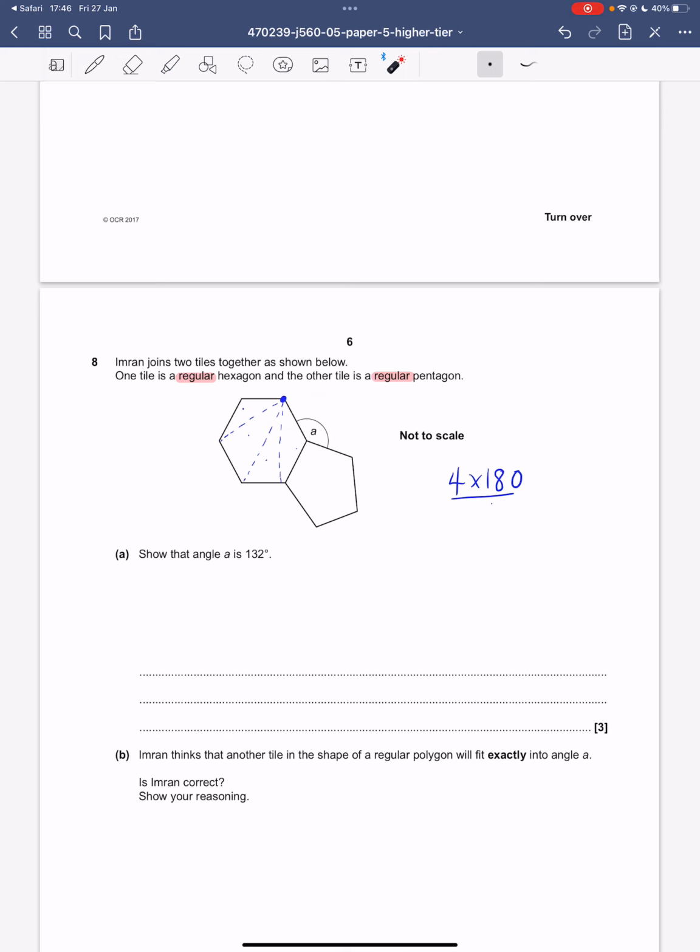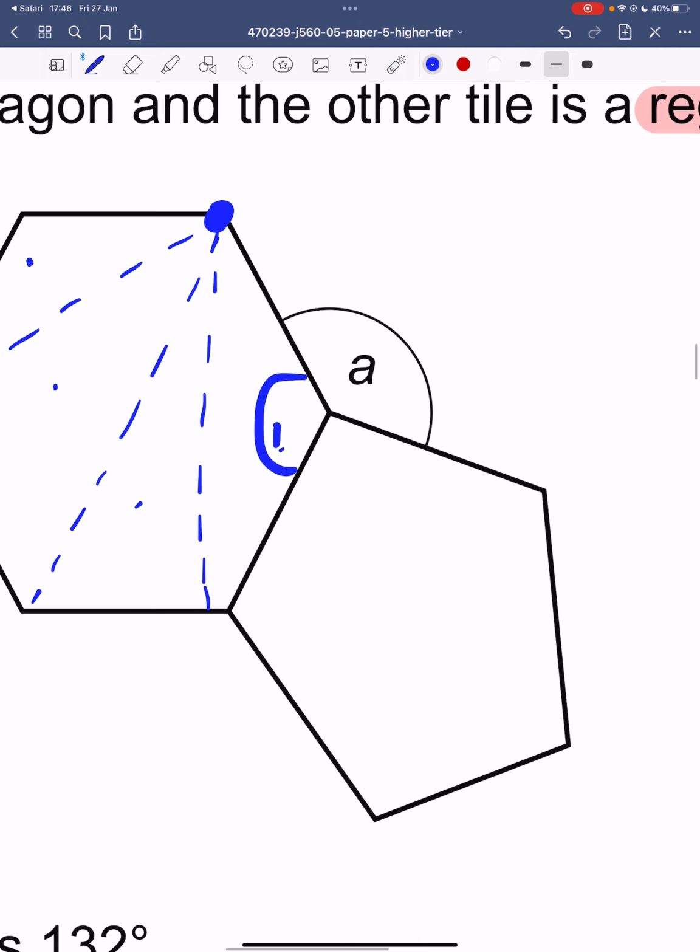Then if we share them out among the 6 angles, it's 4 times 180 divided by 6. So that's going to be 120 degrees. So an angle in the hexagon is 120 degrees.